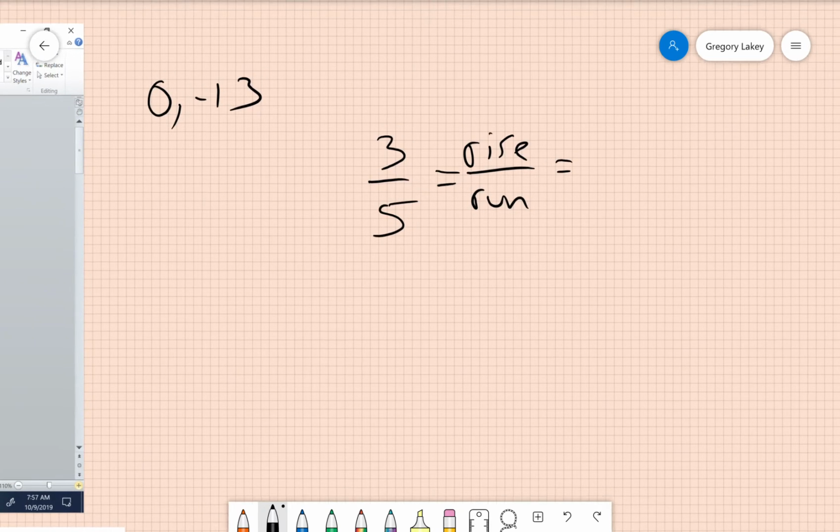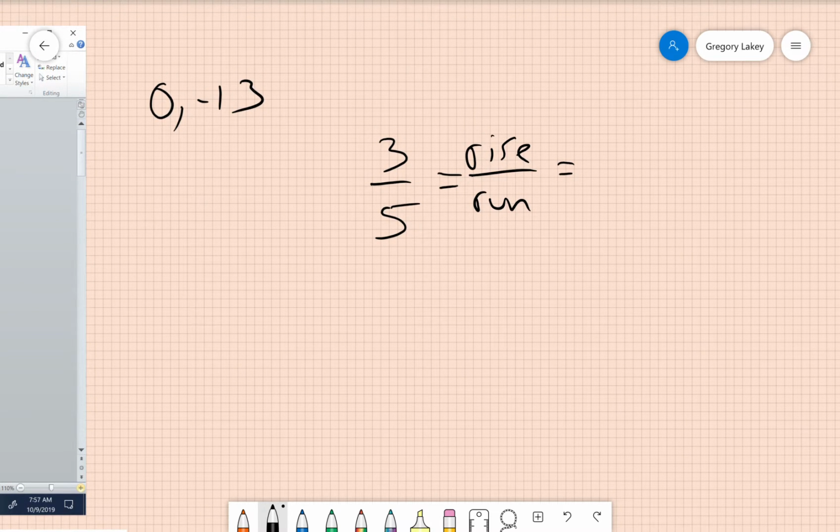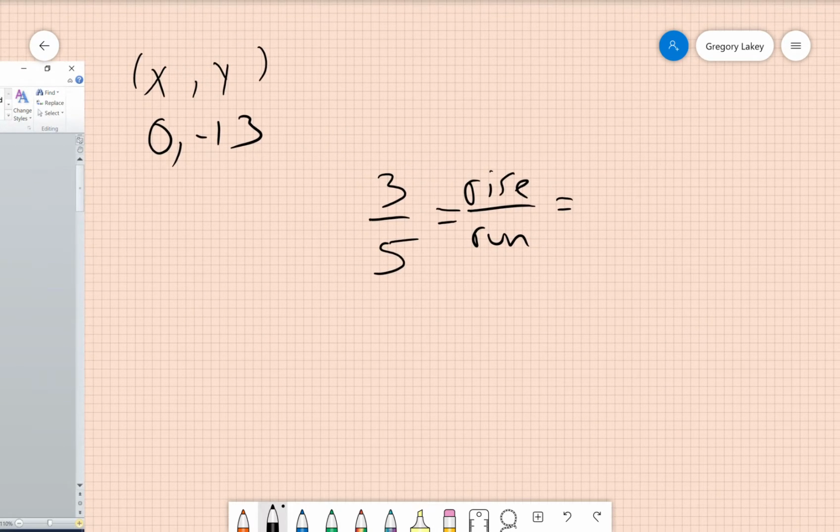Because you have an ordered pair of x and y for any point that you plot, does the rise affect the y or the x? The y, right? Because it's your vertical movement. So the rise is your change in y, and your run is your change in x.